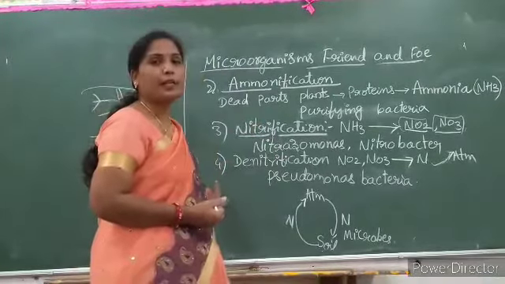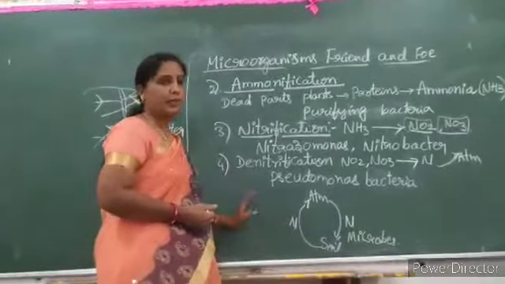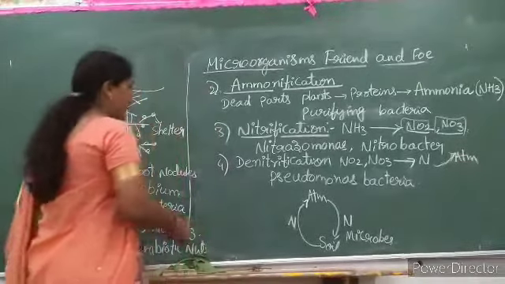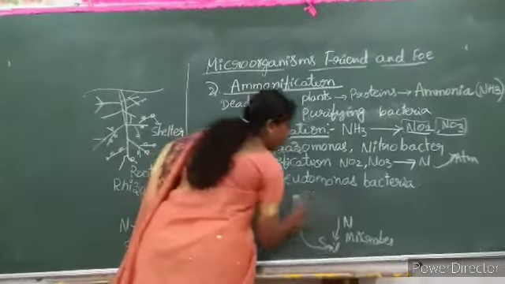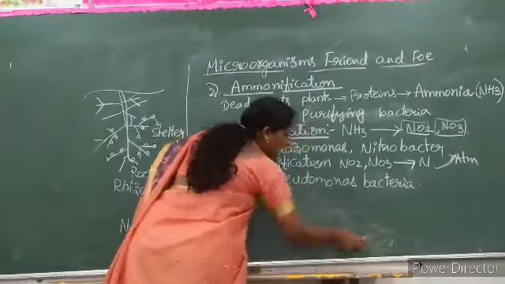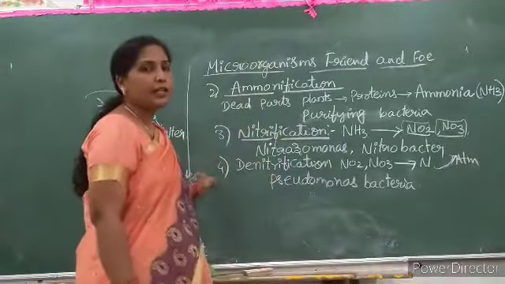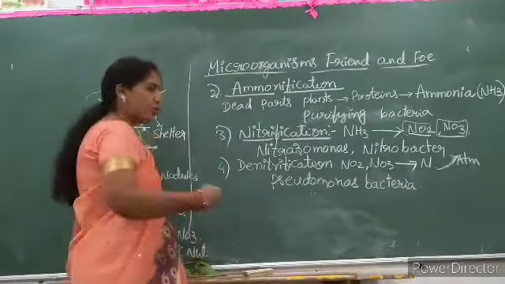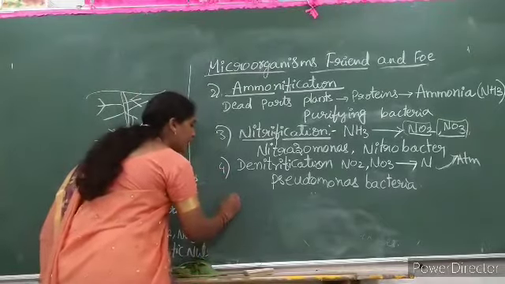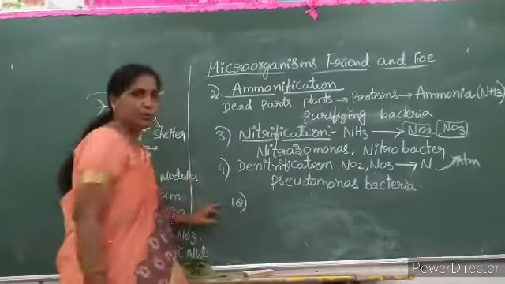In this chapter, do one home assignment, children. After reading the lesson, a diagram of the nitrogen cycle is given in your textbook. See the diagram and draw it in your notebook.